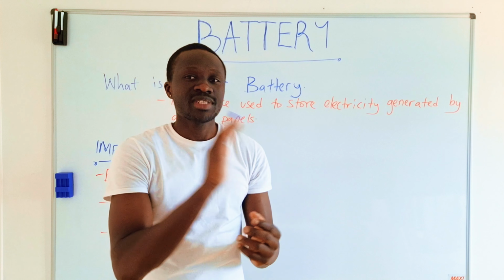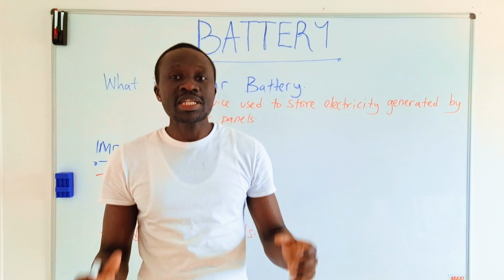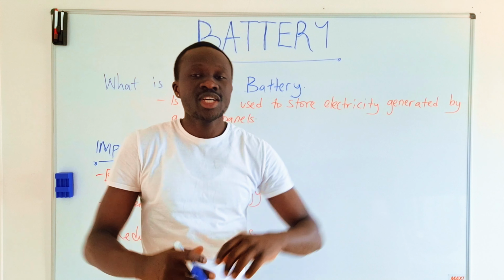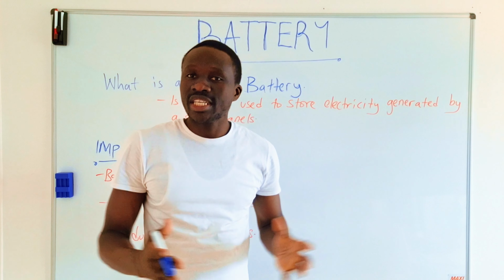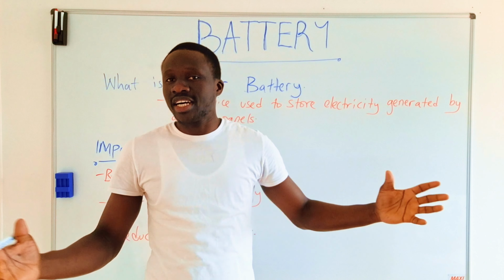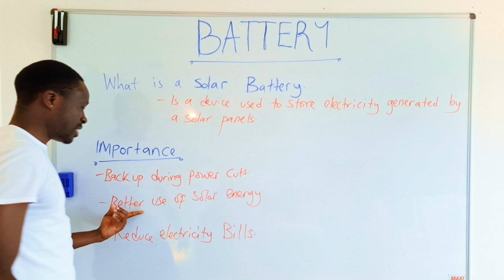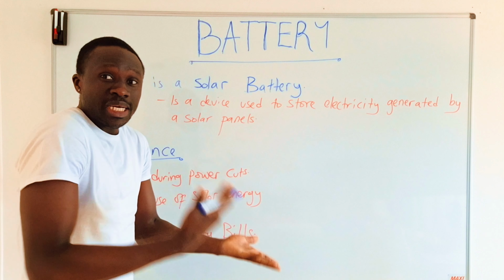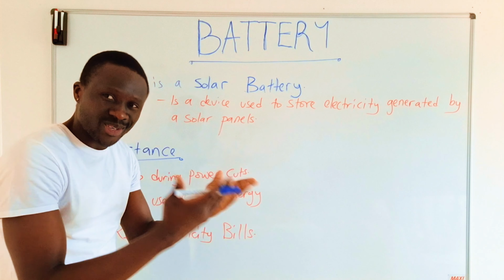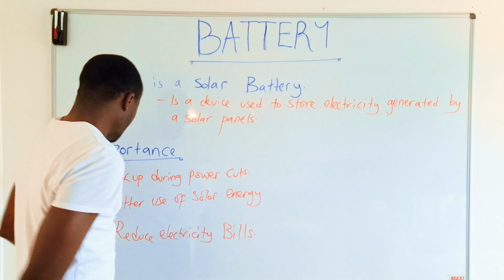But at night the panels are not going to work, so the batteries back up and help us light our solar lights, the TVs, and all the electronic or electrical gadgets in the house. It makes solar energy better and more advanced, as technology is moving and advancing.